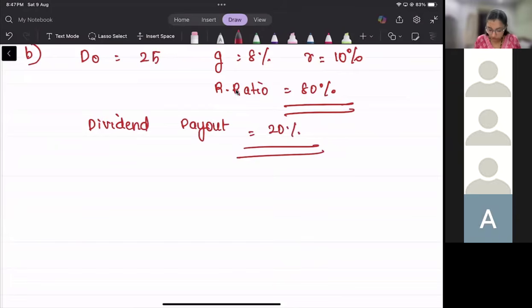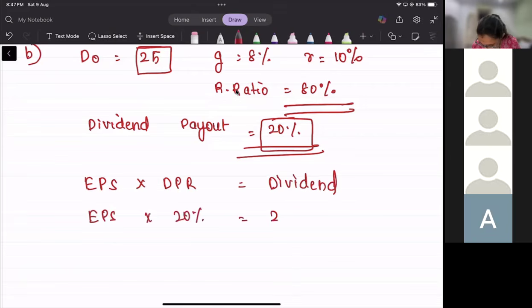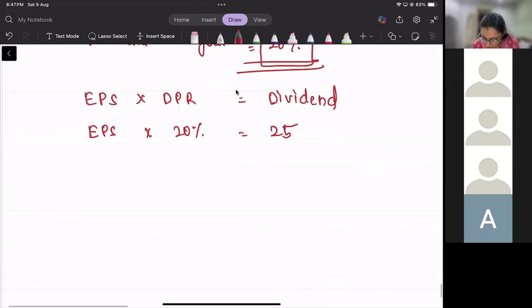So if my dividend payout is 20% and I am getting a dividend of 25, what will be my EPS? EPS into dividend payout ratio gives you your dividend, correct? So EPS into 20% is your 25 rupees.